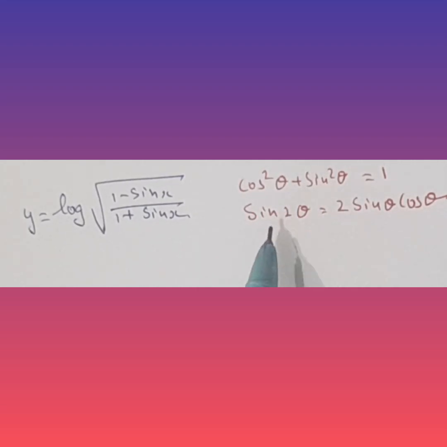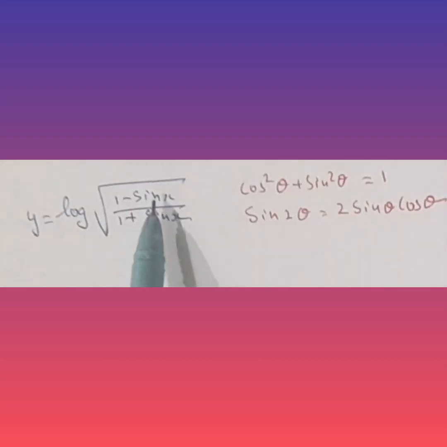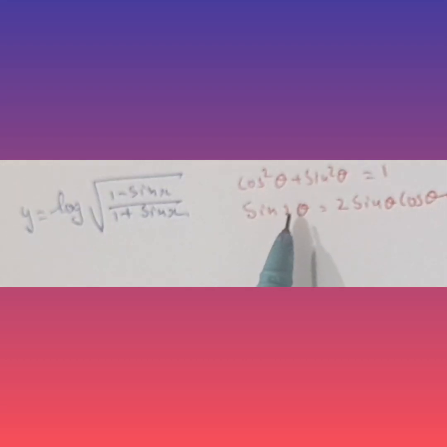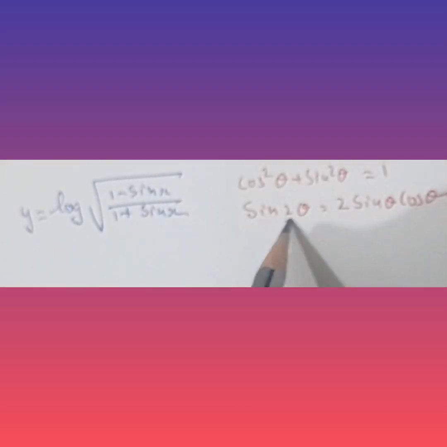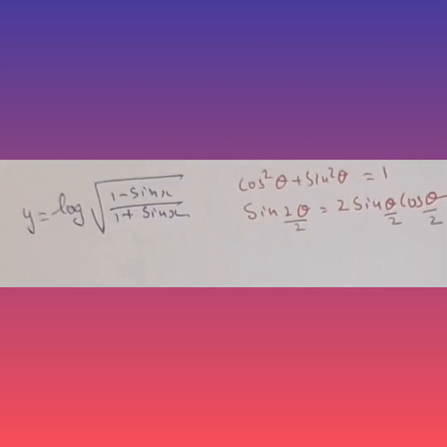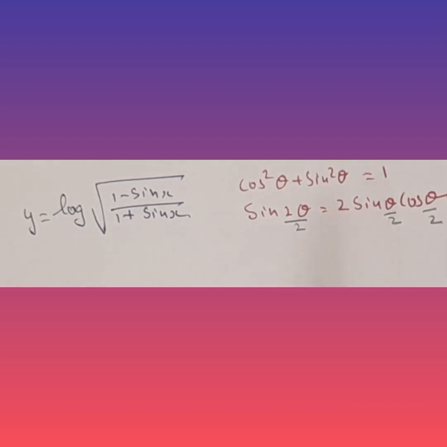Now if we look into this formula, 2ab also does exist, but this is not 2x, this is x. So what we have got to do is divide it by 2, divide this by 2, divide this by 2.